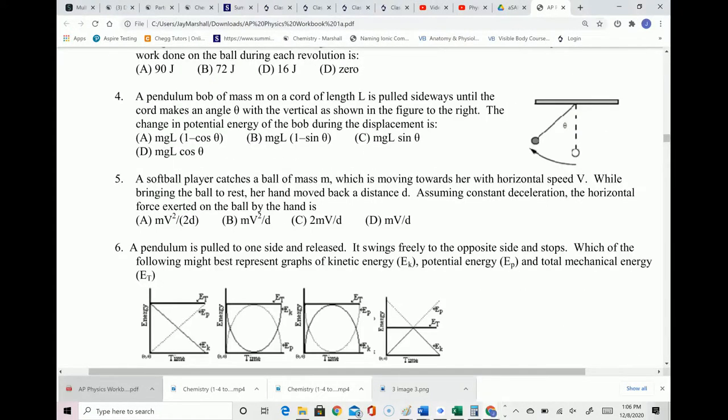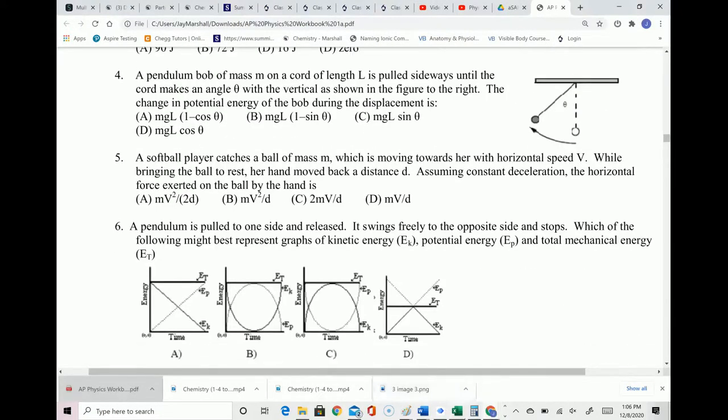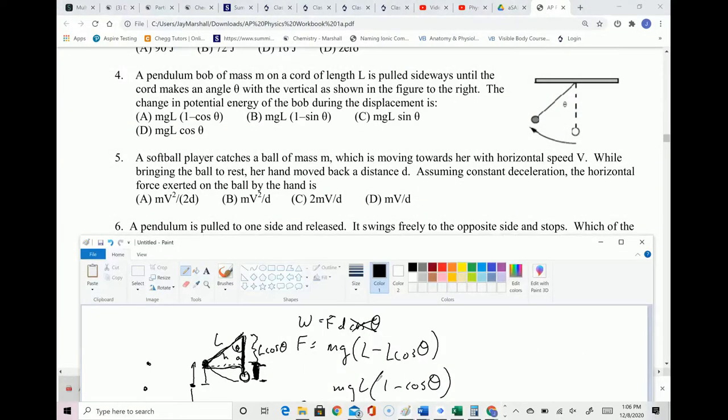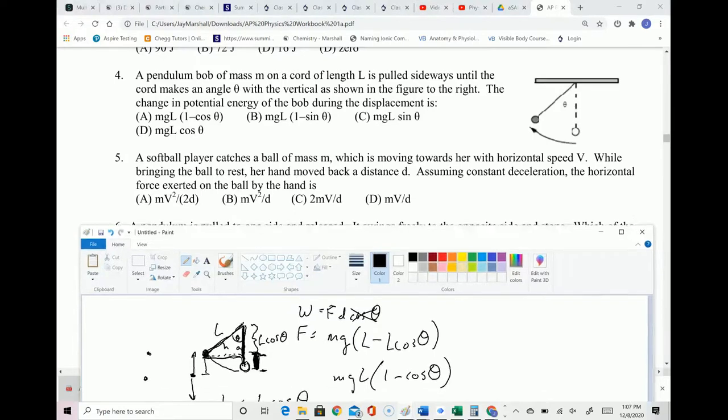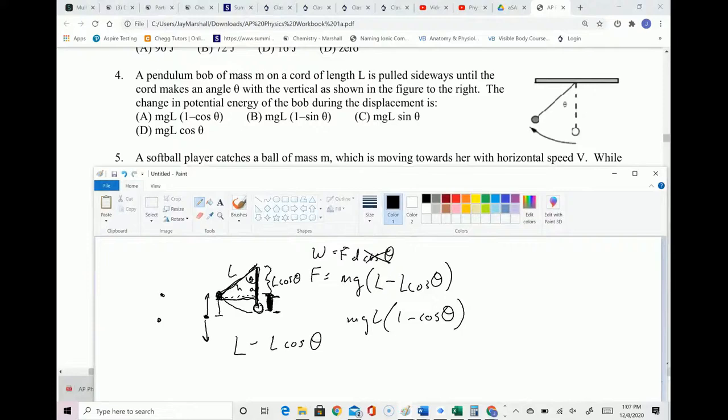Maybe the work energy theorem? Yeah, that would make sense. Nope, the work energy theorem. You remember that from a couple times ago, right?